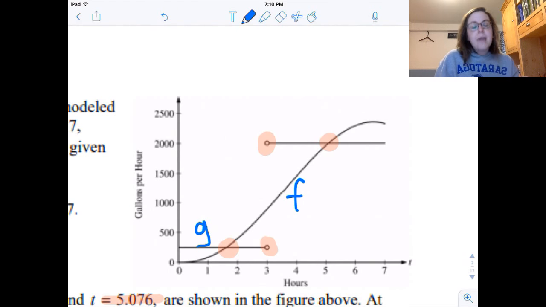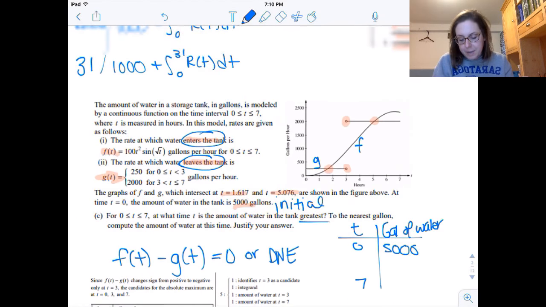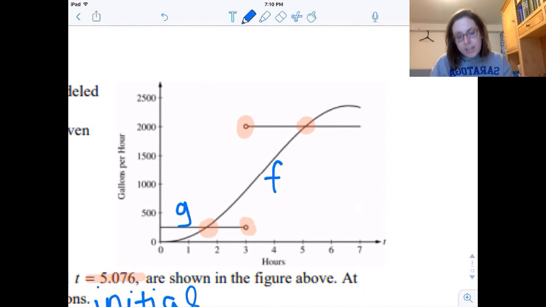And we can think about this logically. For it to be a maximum, the greatest value, I can think about it a little bit this way. So if this is f and this is g, and I think about f minus g, I'm going to make a table of values here. So I'm going to call that a, I'm going to call this b, and I'm going to call that c.